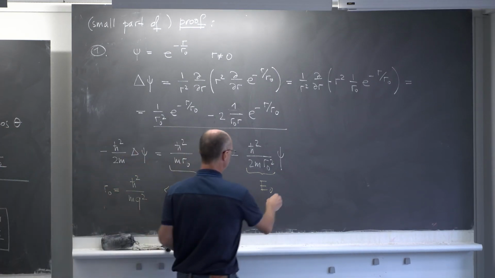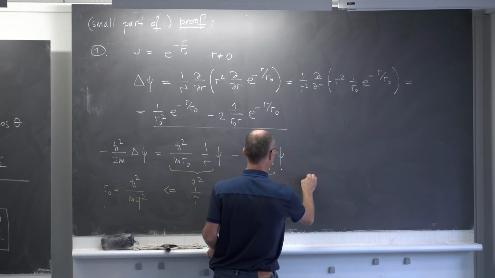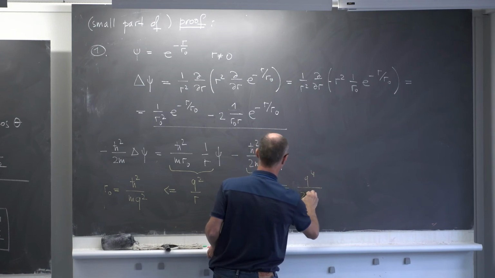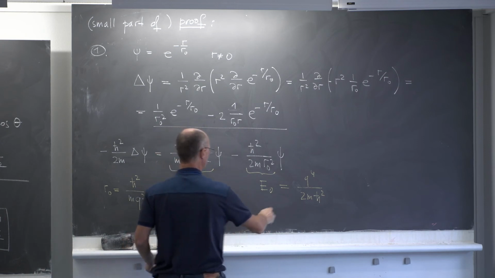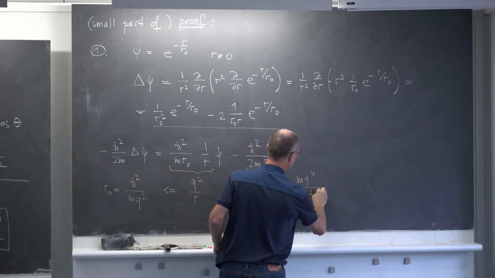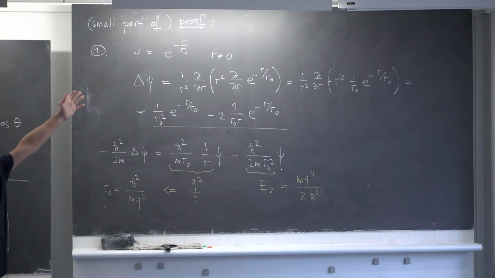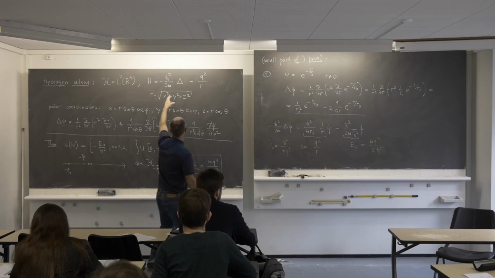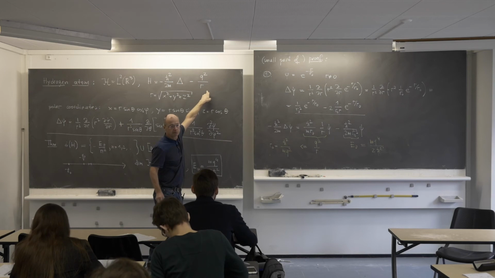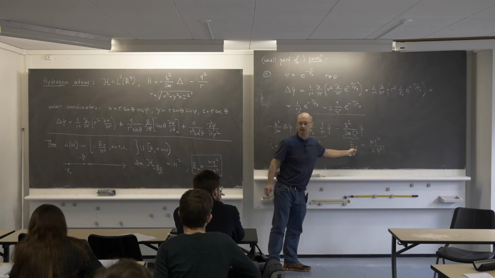And if we substitute this R naught, then we'll get what we want: m q to the 4th over 2h squared. Sorry, with those quantities. All right, so this function does solve the Schrödinger equation for this operator for the value which I declared.